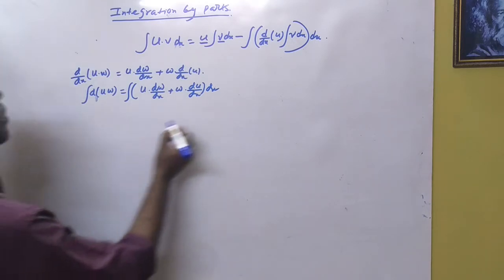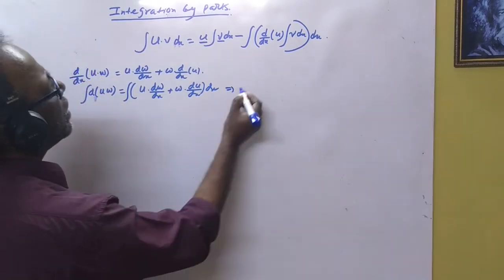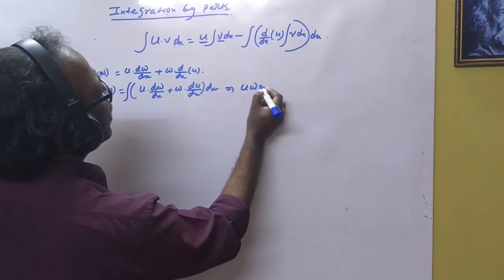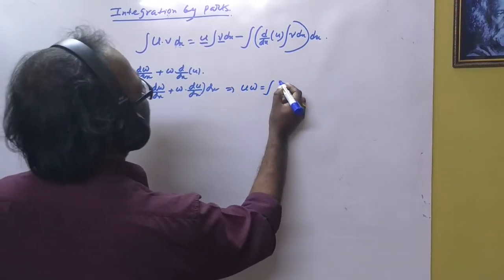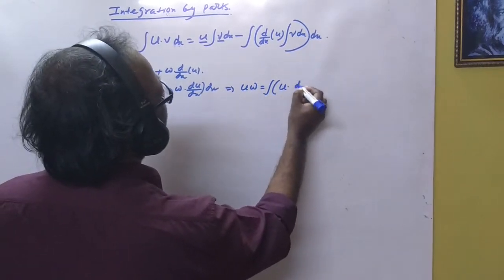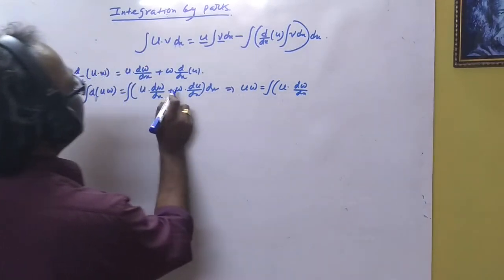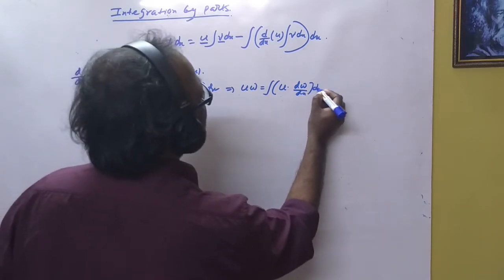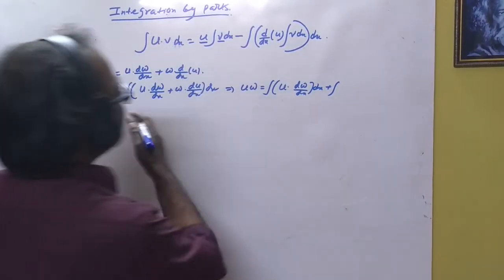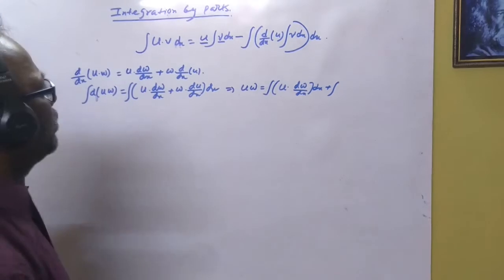Okay, so we get uw, and that is the integral of u into dw/dx dx plus the integral of w du/dx dx. This is how we get the formula.